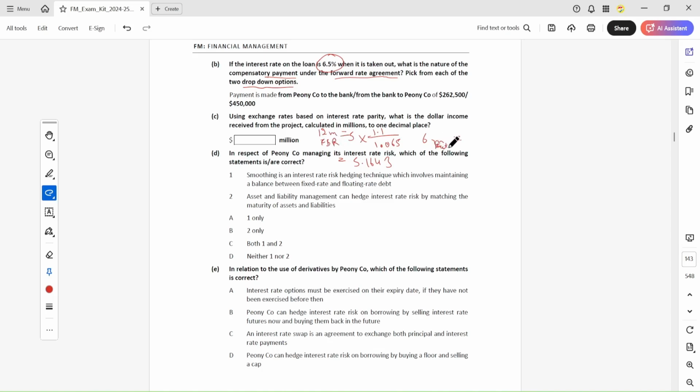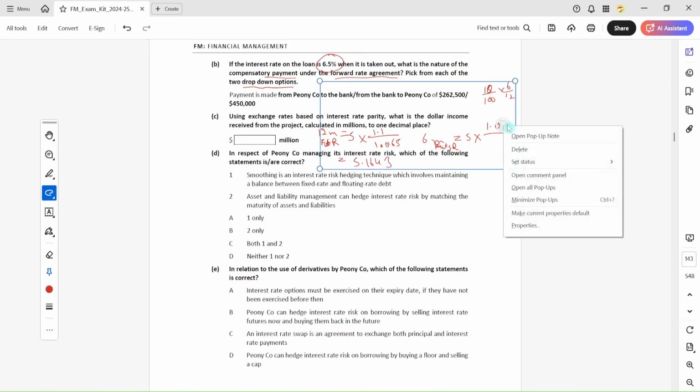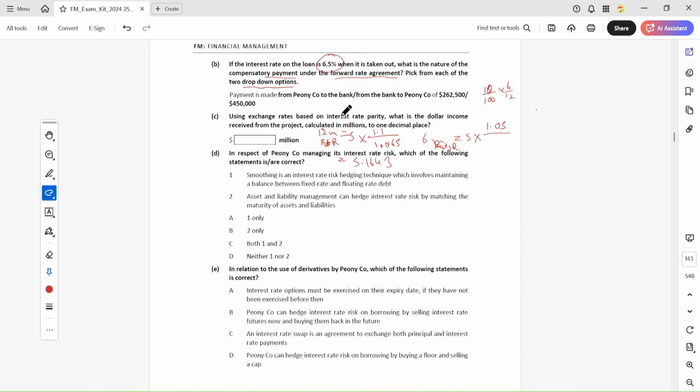For the 6-month future spot rate, we have to convert it. 10 divided by 100, multiplied by 6 divided by 12. How much? 1.05, and the same for this.